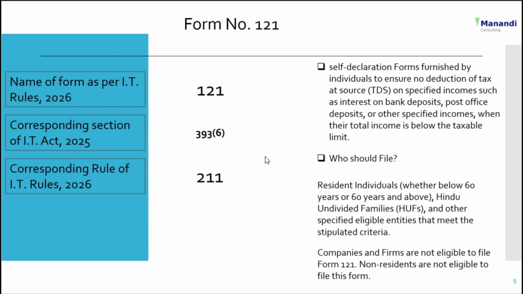What has happened is they have combined the form 15G and 15H into a single consolidated form number 121 to streamline reporting and reduce administrative complexity. Redundant columns have been deleted, and explanatory notes have been provided to guide users in filing the form accurately.